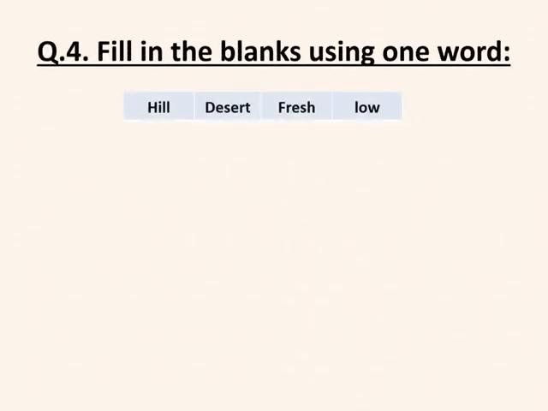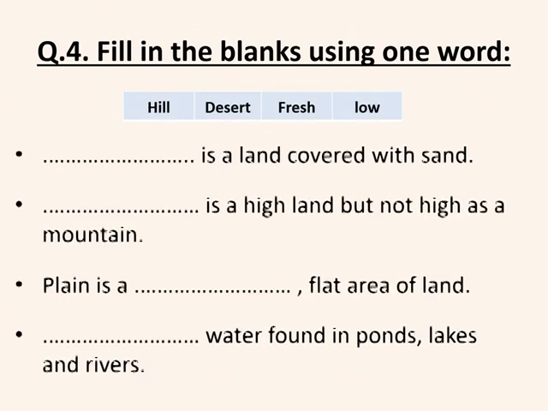Question number 4. Fill in the blanks using one word. Number 1. Is a land covered with sand. The answer will be hill or desert? Desert. Desert is a land covered with sand. Number 2. Is a high land but not as high as a mountain. Excellent. Hill. Number 3.